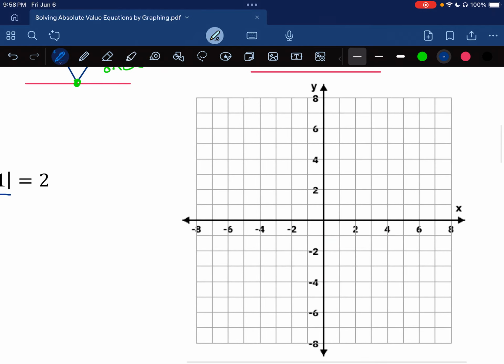We know that the minus 1 is moving our graph right 1. And then it has that typical slope, like up 1 over 1 or down 1 over 1, depending on if you're looking at the left-hand or the right-hand side.